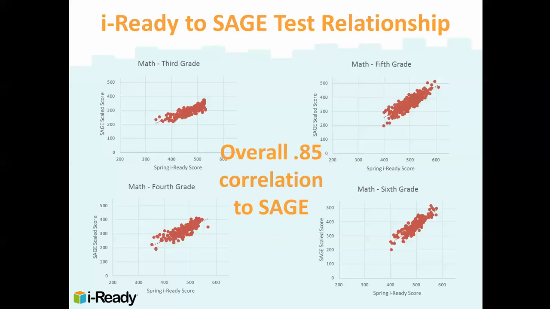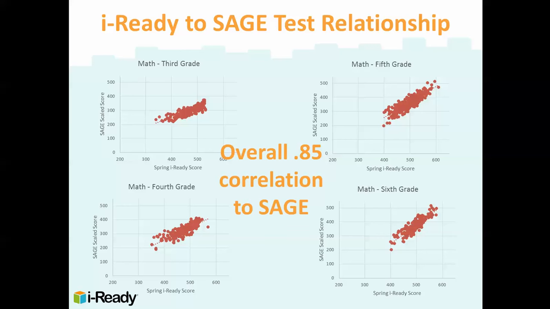And what that means for our educators here in Utah is that when AIReady comes back and says, your 5th grader is performing at a 3rd grade level and he's missing these skills, X, Y, Z, you can feel very confident that that's what you're going to see when that student takes the SAGE test at the end of the year.